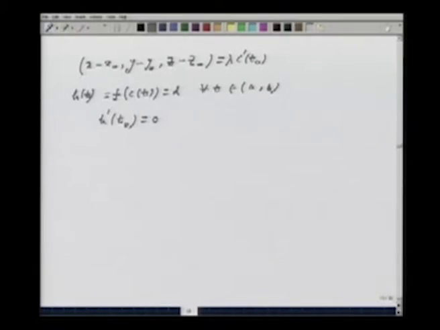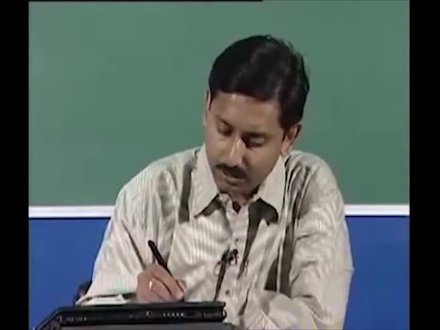Now I want to write down what is h prime at t naught. For that I need to apply chain rule. So what does this say?